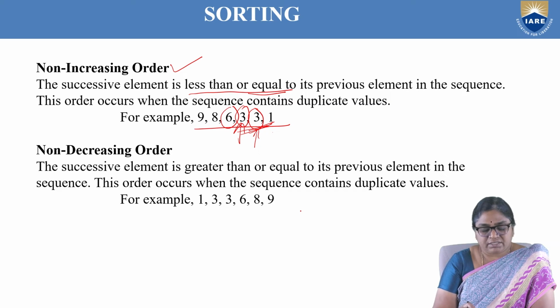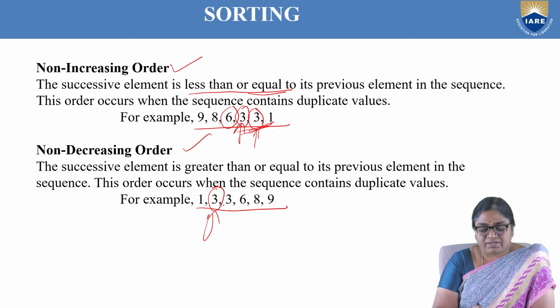Coming to non-decreasing order, the successive element is greater than or equal to its previous element in the sequence. Here, in the example, let us take this element. Its successive element is greater than or equal to it.